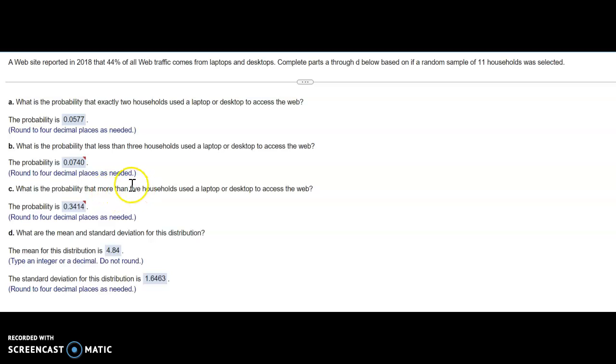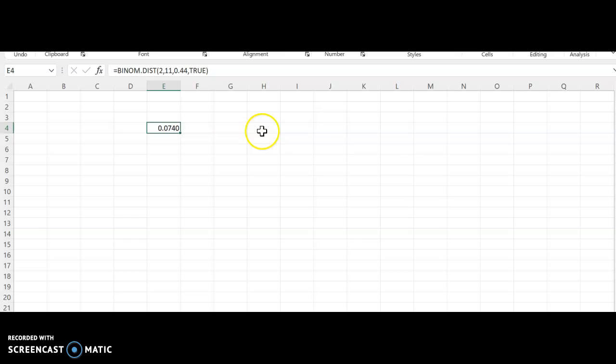The next one, what is the probability that more than 5? So what we're going to do is do 5 or less and subtract that out from our cumulative. So if you want greater than, you take all your less than and subtract it from 1. So more than 5, we don't want 5, 4, 3, 2, 1, 0. We know the whole probability adds up to 1.